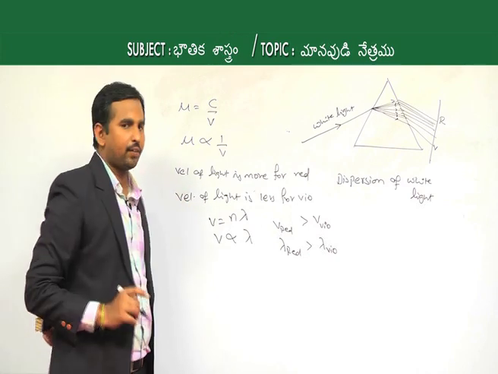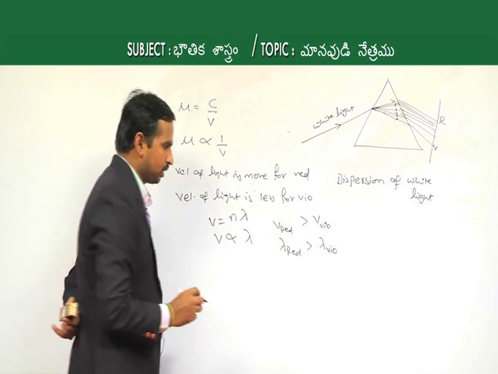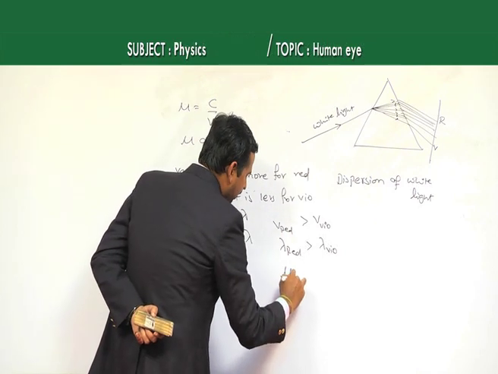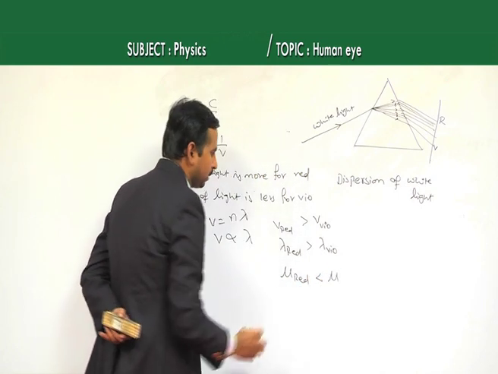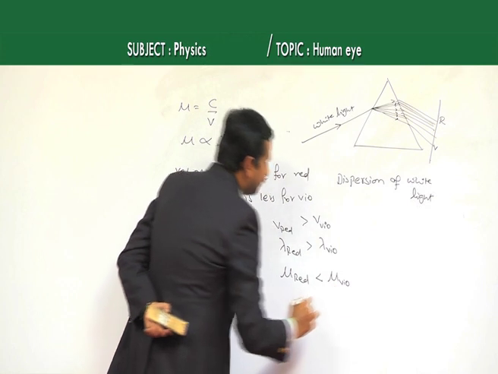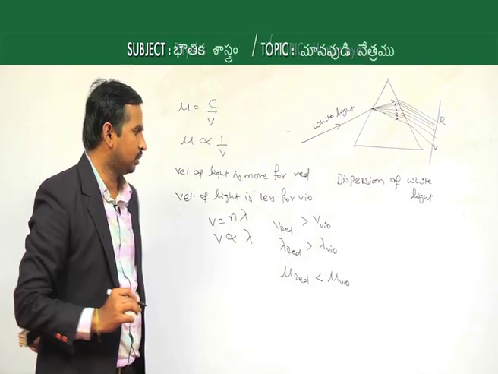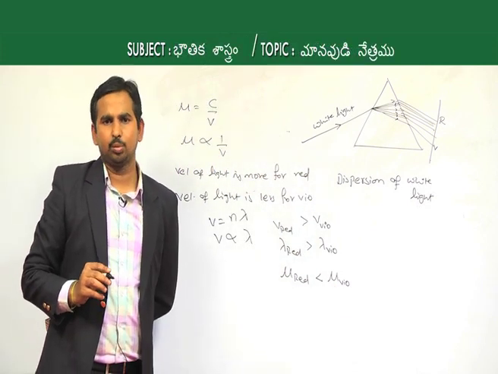But velocity and refractive index are inversely proportional, which is why the refractive index of red is less than that of violet.